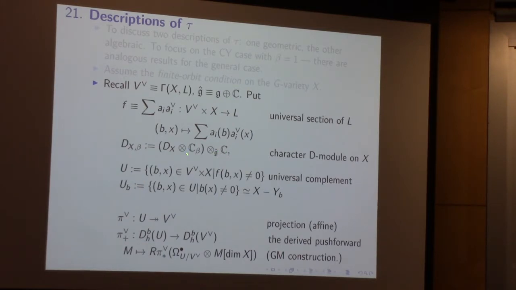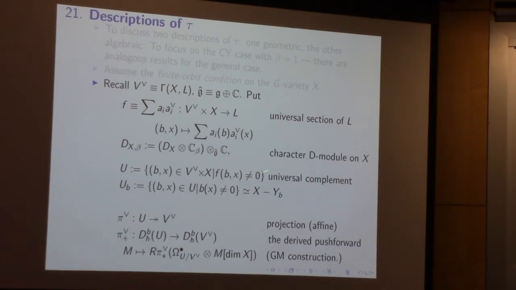What you get is a left D-module on X. I will denote that by D_X^beta. This D-module appears prominently in geometric language everywhere. I mean, this is a very commonly used construction.